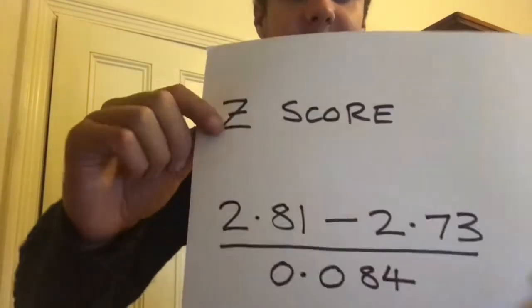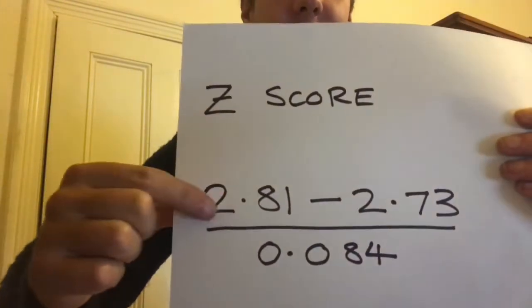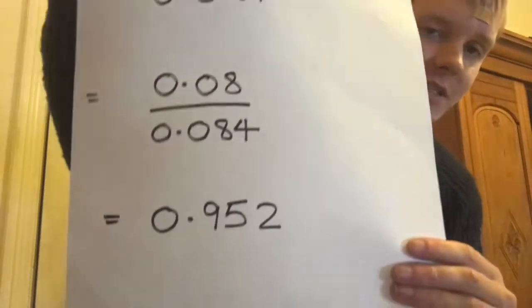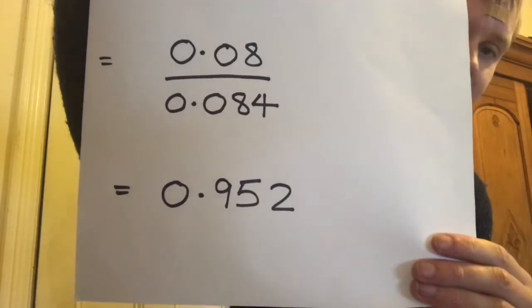To find the z-score, we subtract the original fish weight from the enhanced fish weight, and then divide that by the number that we just found. So the fish's weights, the standard deviation, and this gives us a result of 0.952 as z-score.